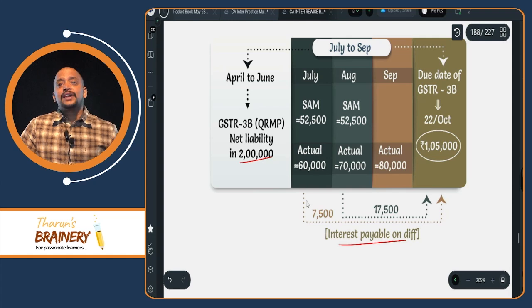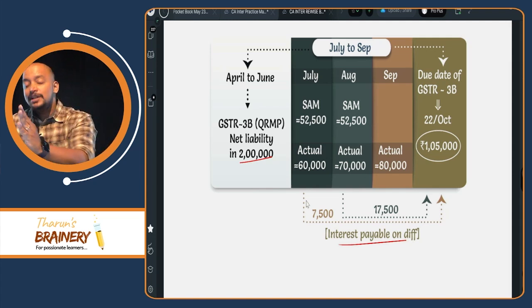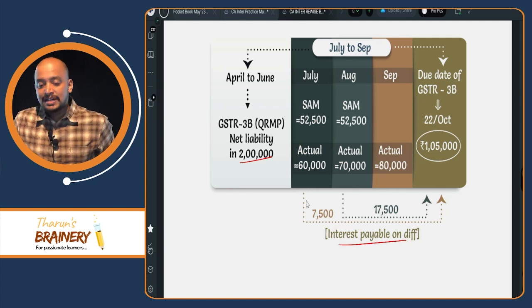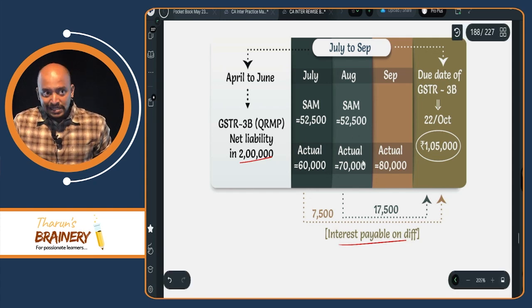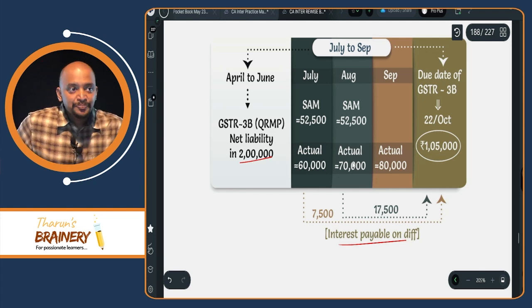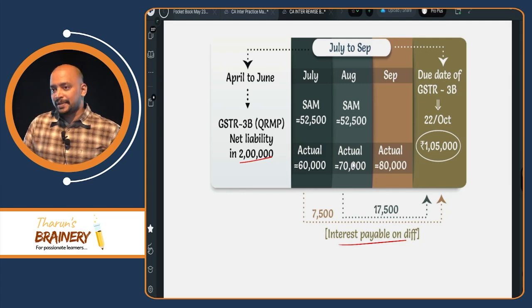On the 7,500 you need to compute interest from when? 26th August, because for July month you have to pay by 25th August. So from 26th August till the actual date of payment you need to compute interest. Same way for August, difference 17,500, you need to compute interest from 26th of September till the date of payment.